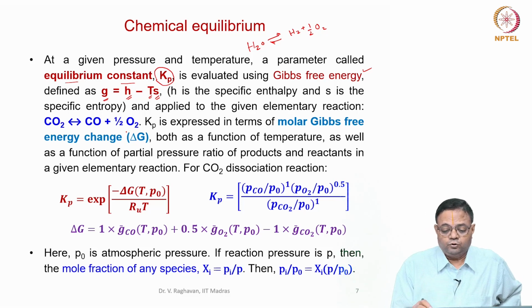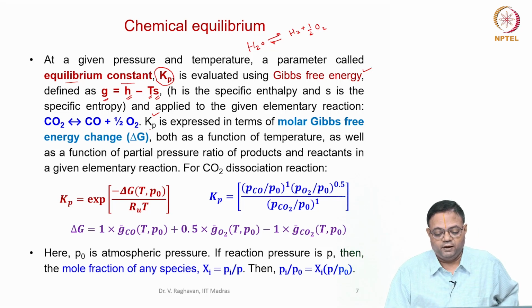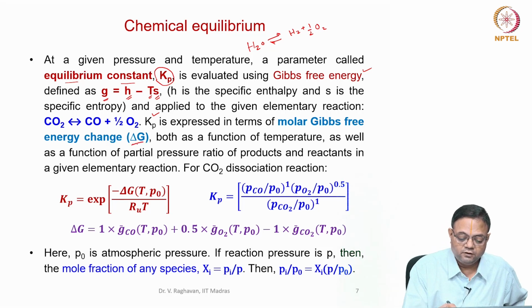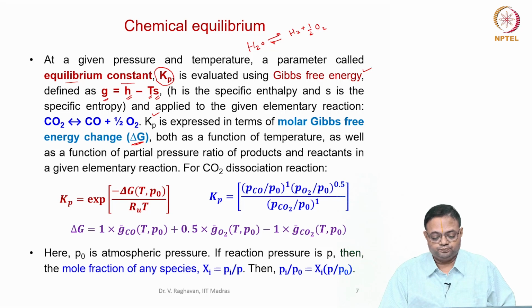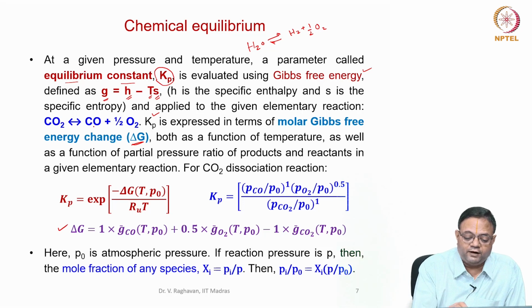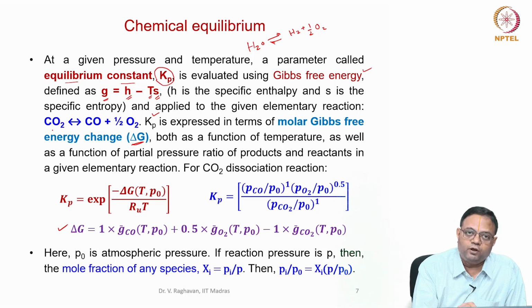So, the equilibrium constant based on partial pressure Kp is expressed now in terms of molar Gibbs free energy change delta G. Okay. So, what is delta G? Delta G is defined here, in the context of this same reaction, where the product side species are CO and O2, and the reactant side species is CO2.